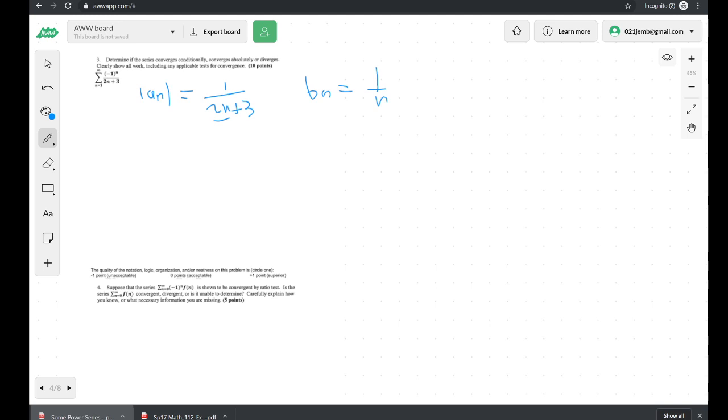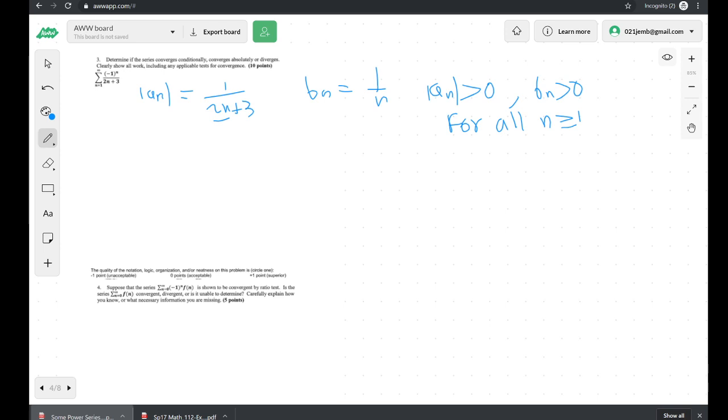So we know that a sub n in absolute value is greater than 0 and b sub n is greater than 0 for all n greater than or equal to 1. That works. So the limit comparison test can be applied.